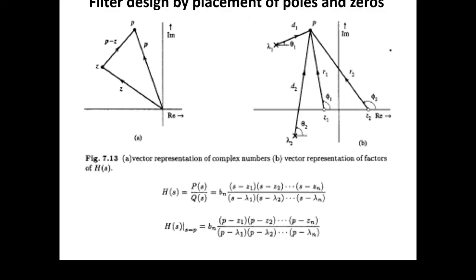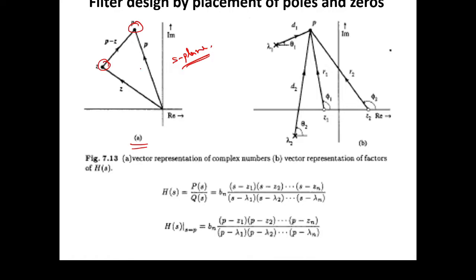Now, coming to filter designing by placement of poles and zeros. We all know how to represent a vector in a complex plane. Suppose this is a complex plane. What is this complex plane? This is basically an S plane. Now in the S plane, we have 2 points, one is Z, one is P. How do I want to represent this vector?